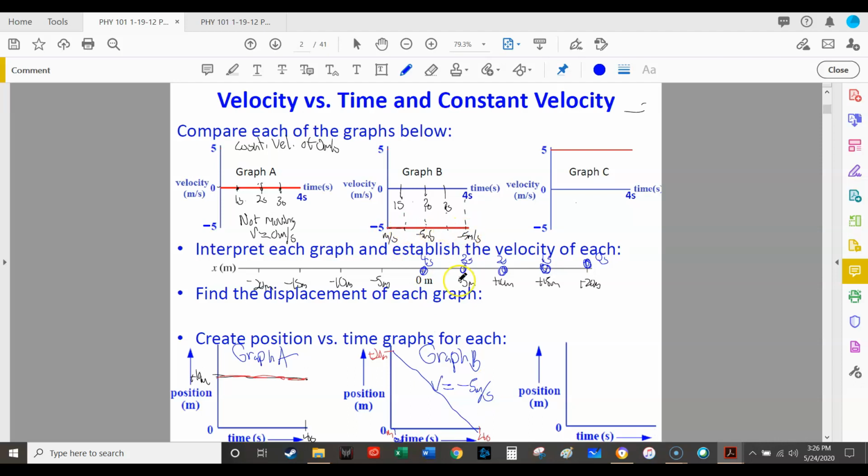And that translates to a displacement vector of -5 meters for every second, right? So that shows that this guy is traveling to the left. And it's going to have a negative velocity, even though its positions are positive.